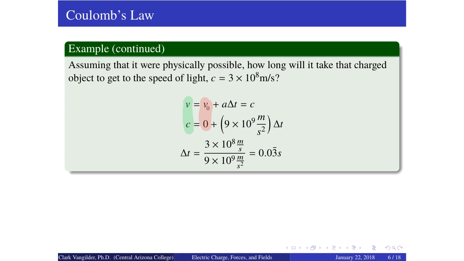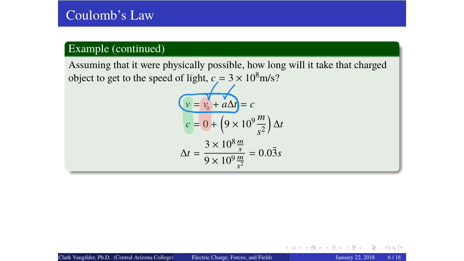That's what this was, or actually this. That was the second zeroth law. Final speed is initial speed plus acceleration times time. If we assume it starts at rest, we just calculated this acceleration from the force interaction. We can solve that equation for time, which I show here.